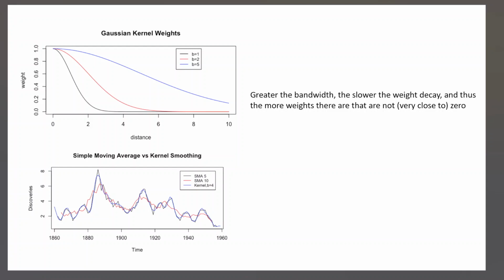Kernel smoothing mostly uses the Gaussian kernel, where the bandwidth, as you can see here, determines the profile fitting. If you keep the bandwidth large, it gives you a curve like this.